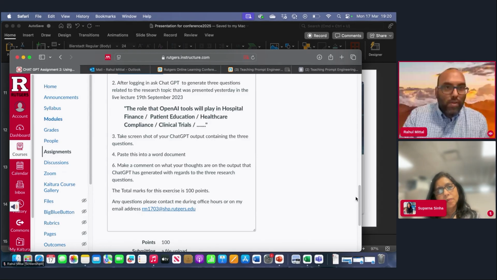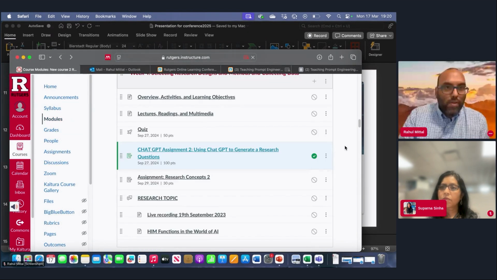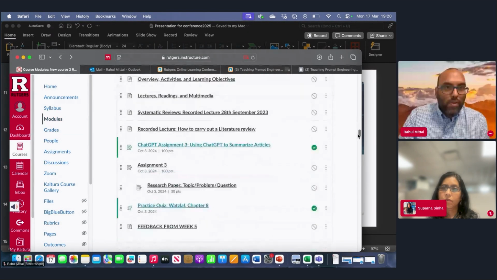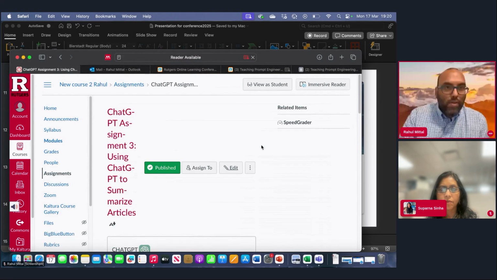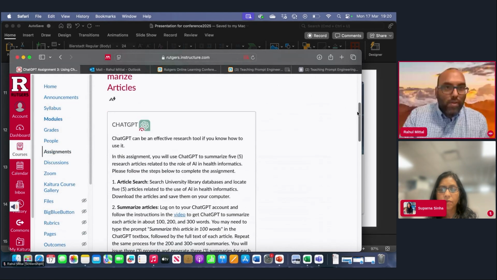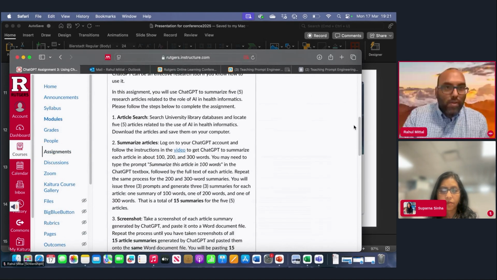So we encourage them at all times to look at the outputs and ensure it met their research criteria. We also encourage them to summarize articles to help them go through the literature they were searching.